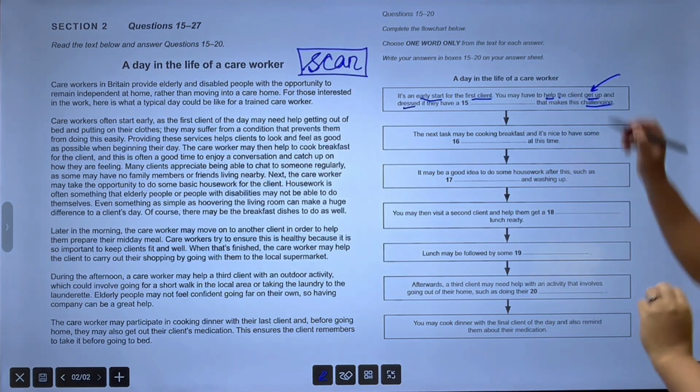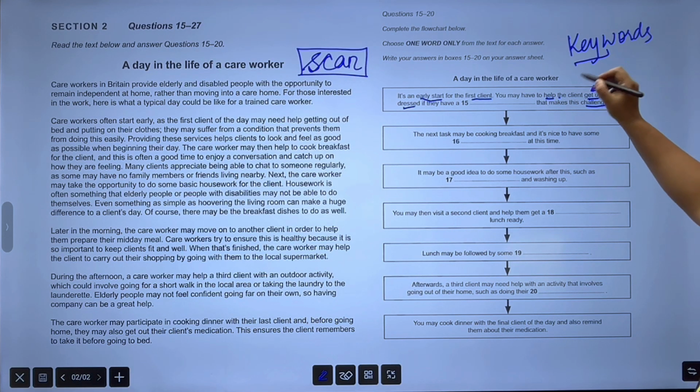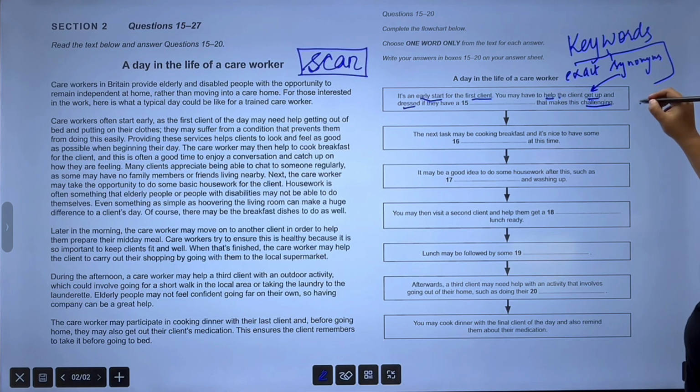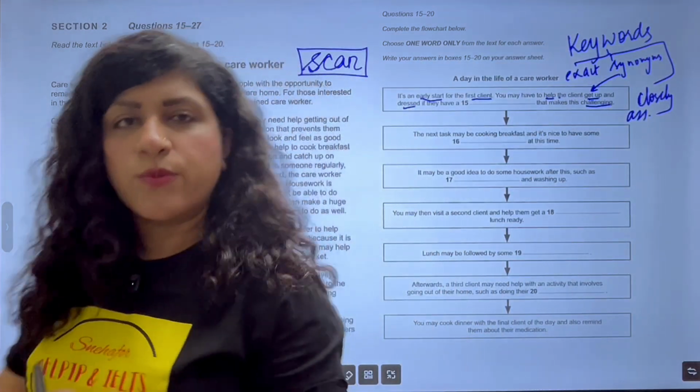When I say that you have to search for keywords, you'll be searching for these exact words. You will also be searching for any synonym or any closely associated words. You'll be searching for them all, not only the exact words.